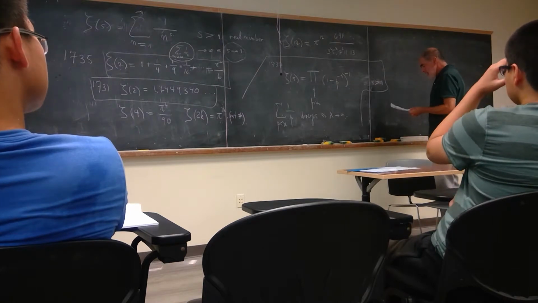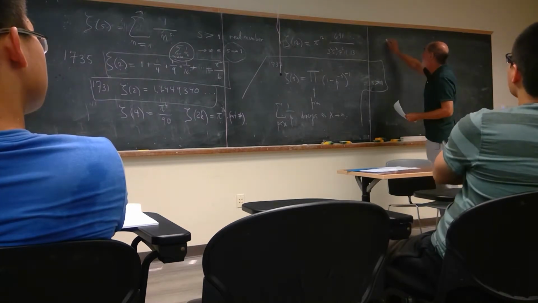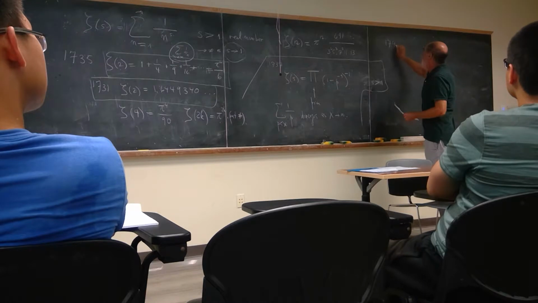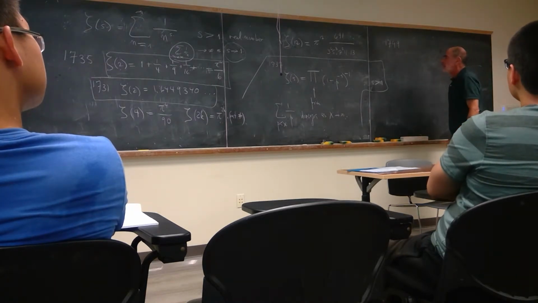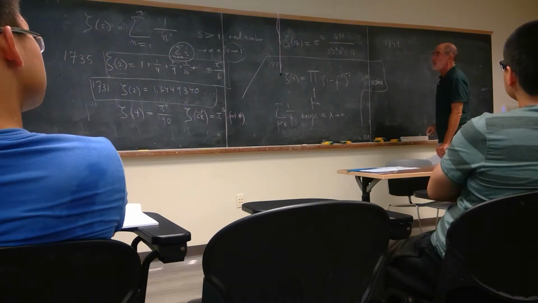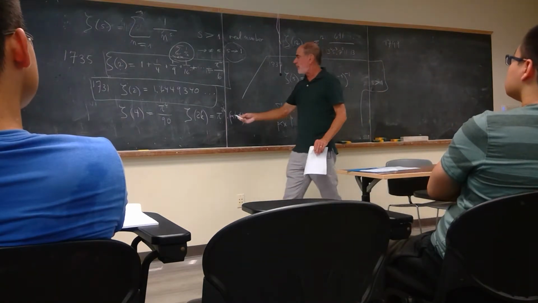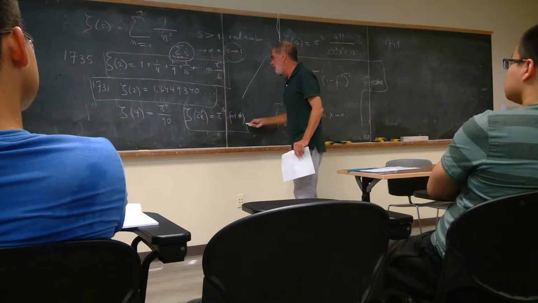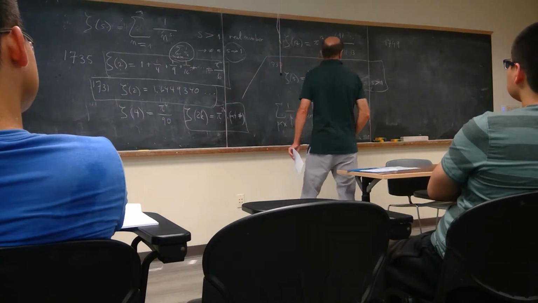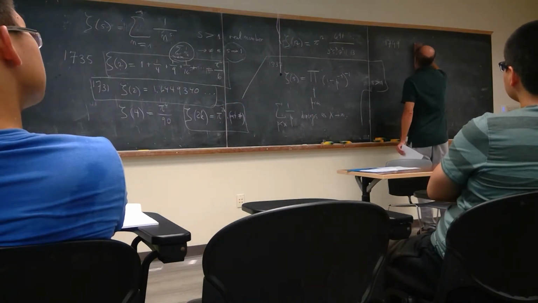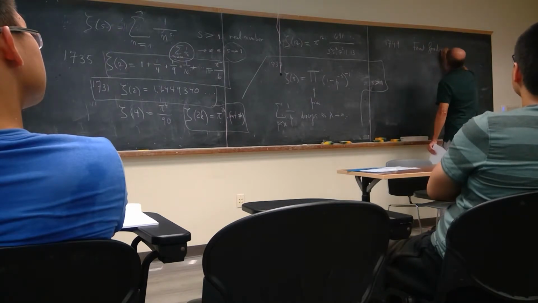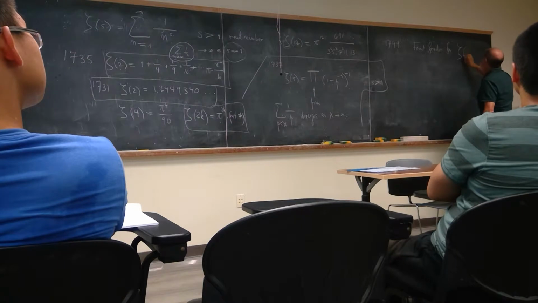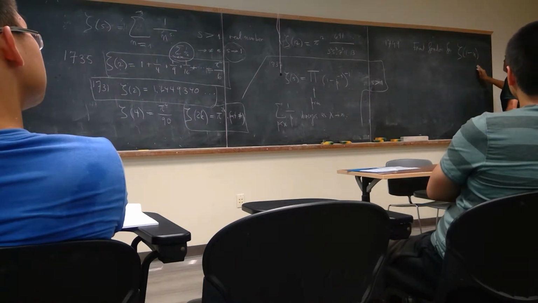And then, and this I think is another one of his greatest papers, in 1749, he wrote a beautiful paper where he studied the zeta function at negative integers. So here, these are the values of the zeta function at positive even integers. But Euler realized he could find a formula for the zeta function at 1 minus n, where n is an integer greater than or equal to 1.